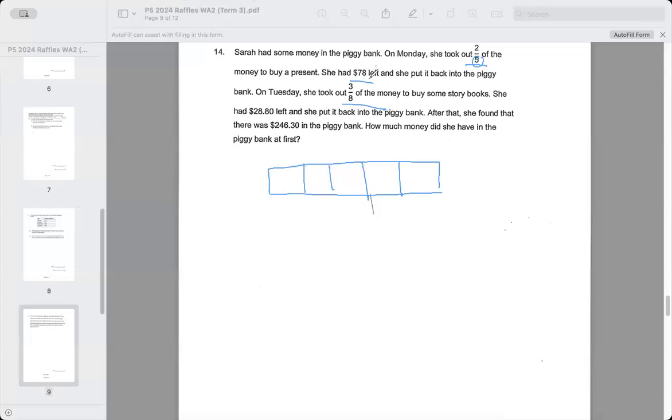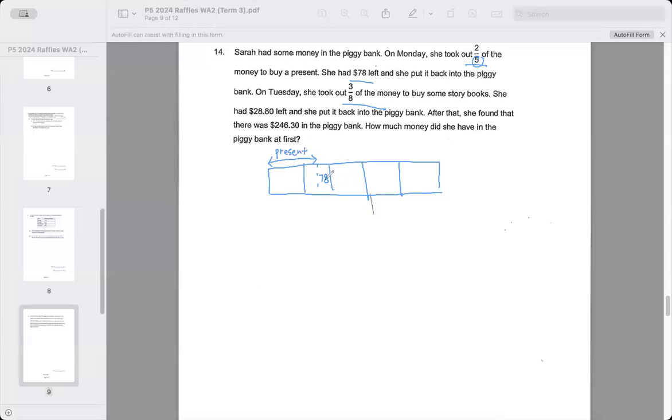She still had $78 left, meaning she actually spent less than the 2 units. So the 78, I have to put it here, because she did not spend the whole of the 2 units. She actually has $78 left. So the amount used for the present is only until here. So I'll label here as present.